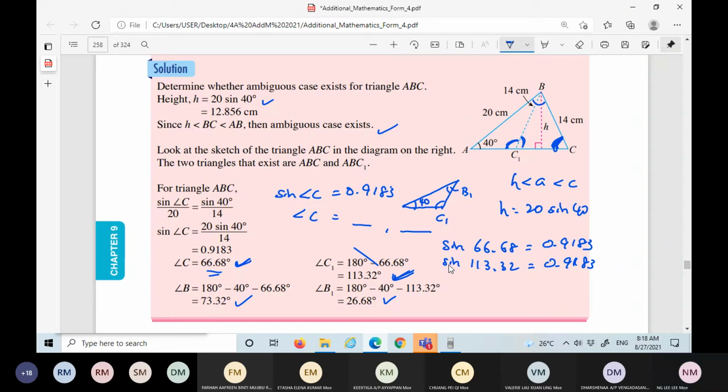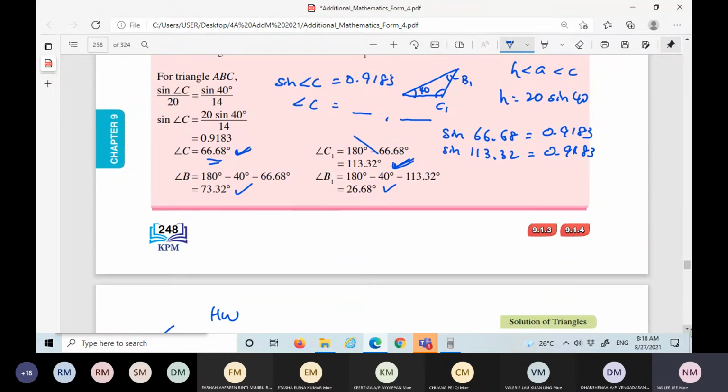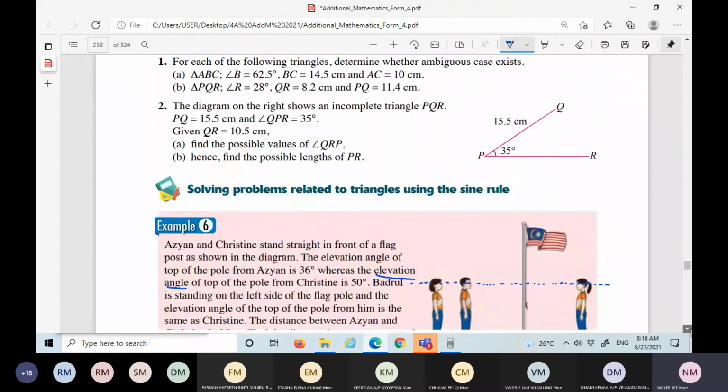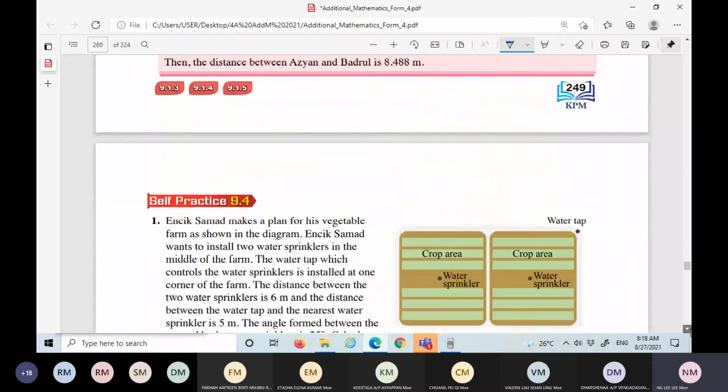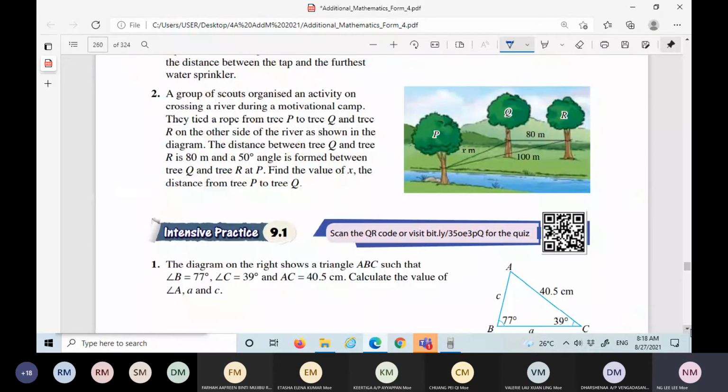This is the meaning. So now, if you understand this already, let us come back to 9.4 question 2. You get this next answer, 0.9576, and if you use a calculator, you get this answer.